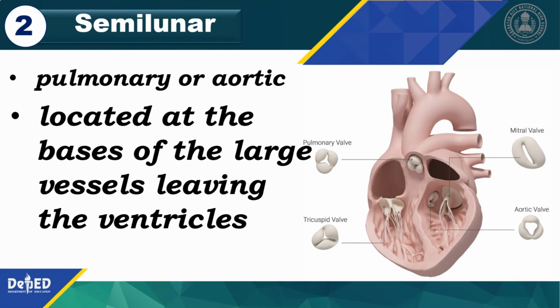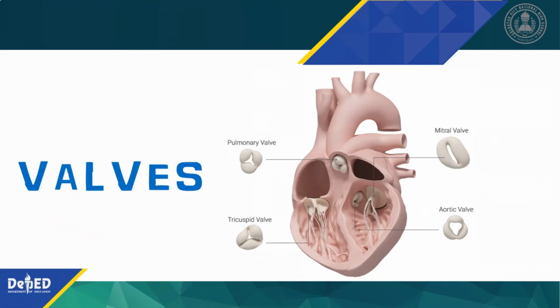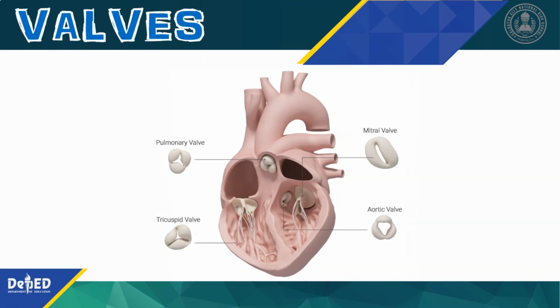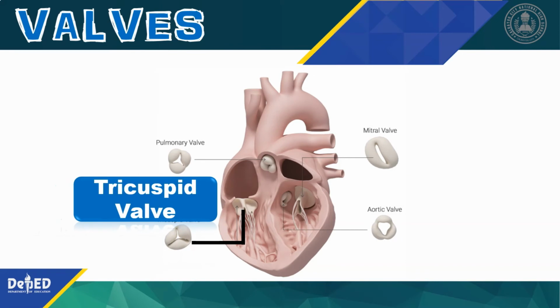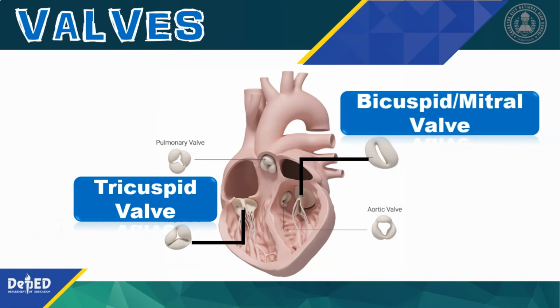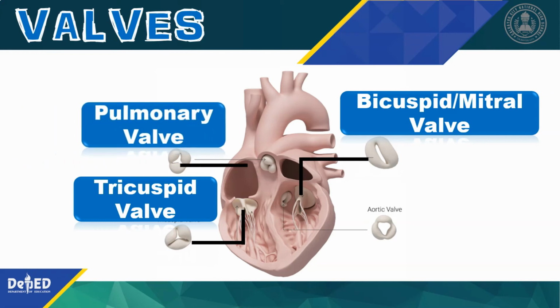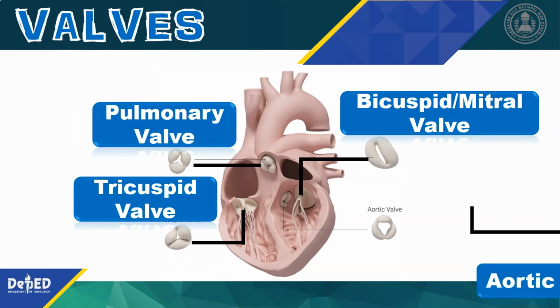These are located at the bases of the large vessels leaving the ventricles. Let us trace where these valves are located in the heart. We have the tricuspid valve, bicuspid or mitral valve, pulmonary valve, and aortic valve.